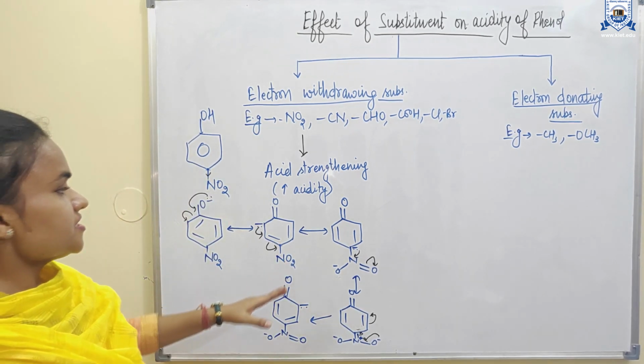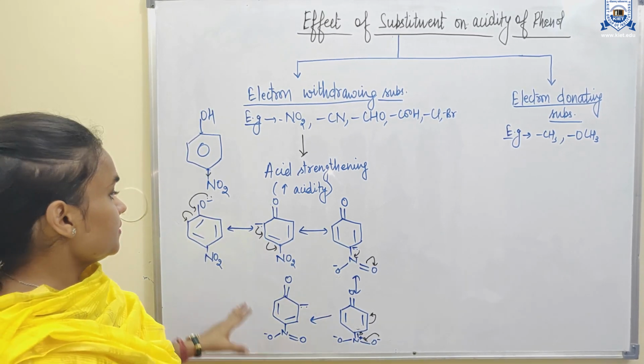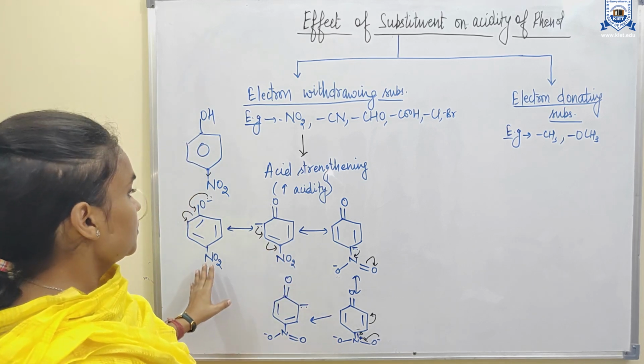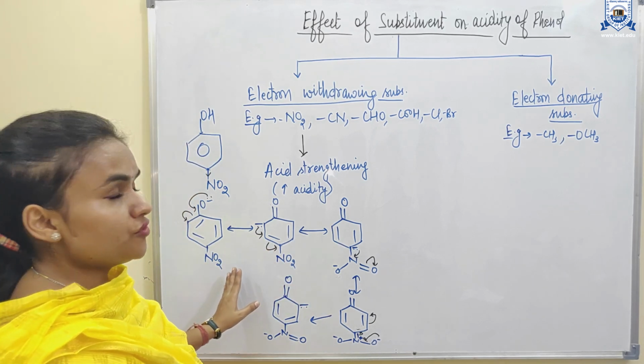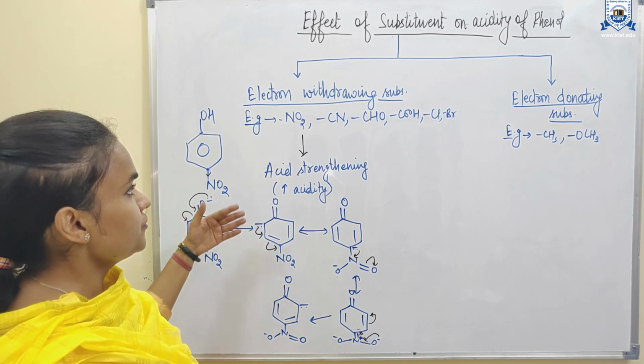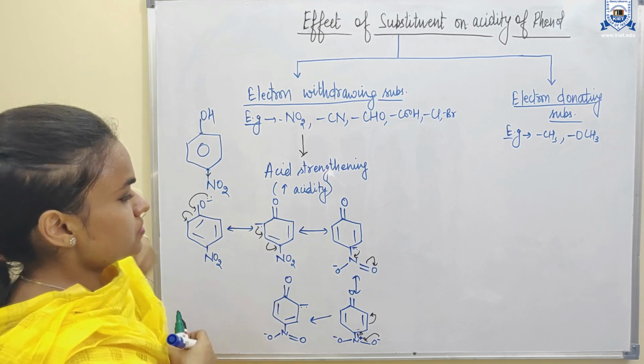So these are the various resonating structures of para-nitrophenol. As you can see, the negative charge is fully delocalized onto the nitro group also. So the presence of an electron withdrawing group helps to maintain the stability, to maintain the acidity of the phenols. That's why an electron withdrawing group increases the acidity of the phenols.